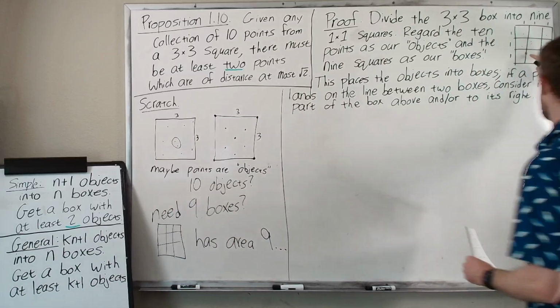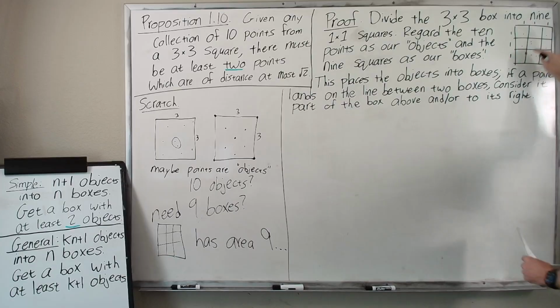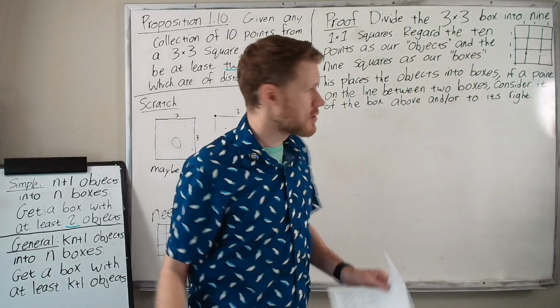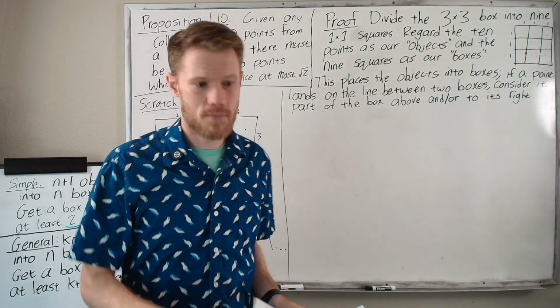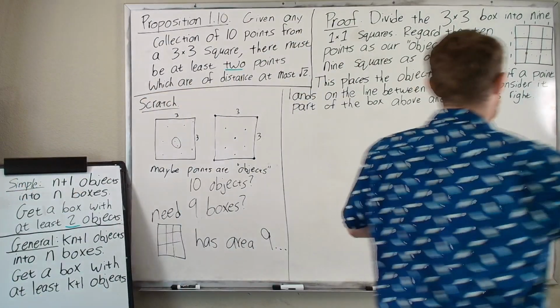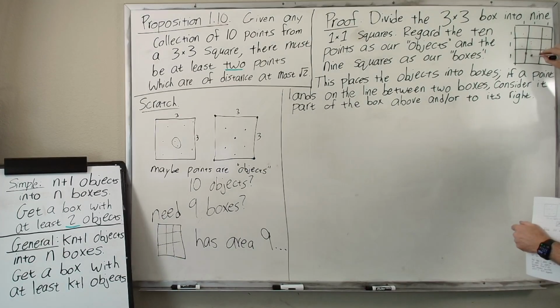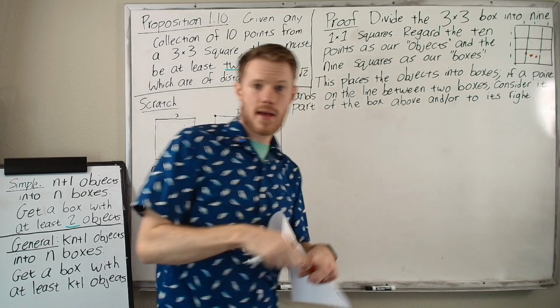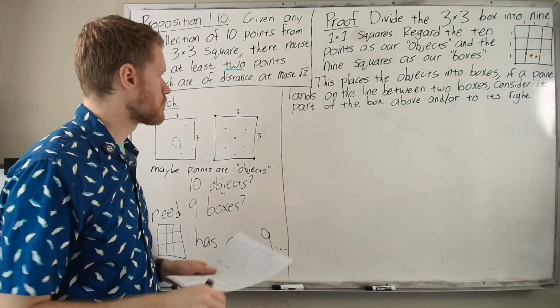So this point would be part of the box to its right. So that box now actually has 3 points in it. If you can see those points, I know on camera they don't appear quite as bold, but I'll make them a little bigger. So those 3 points ended up in the same box.